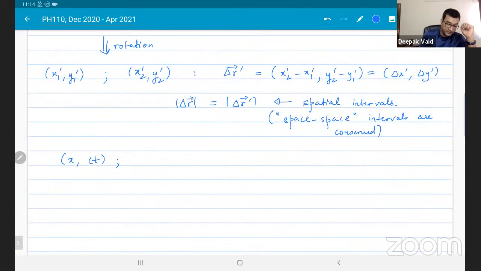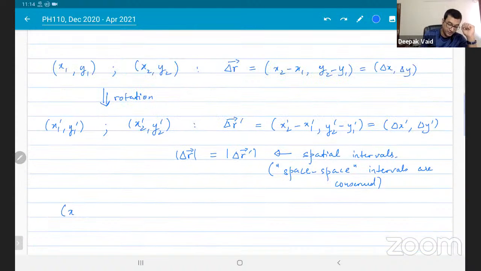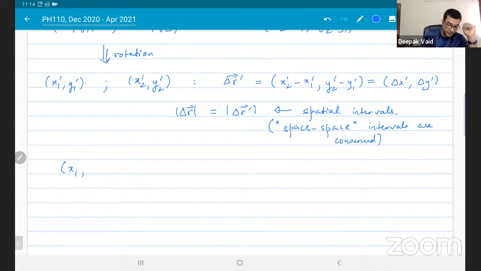So I have 2 events now, okay? So the same way that I have 2 points here, now I have 2 sets of points here, x2 and ct2. And we call them events. Right? Event is something that happens, right?